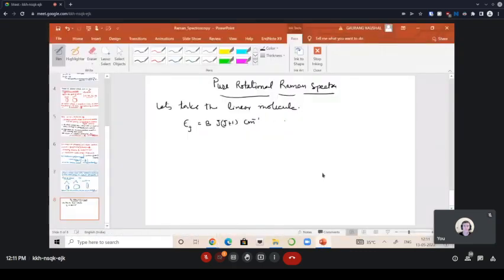This is equation number 1, where J is the rotational quantum number, which is equal to 0, 1, 2, 3, and so on. So this expression represents the rotational energy levels.